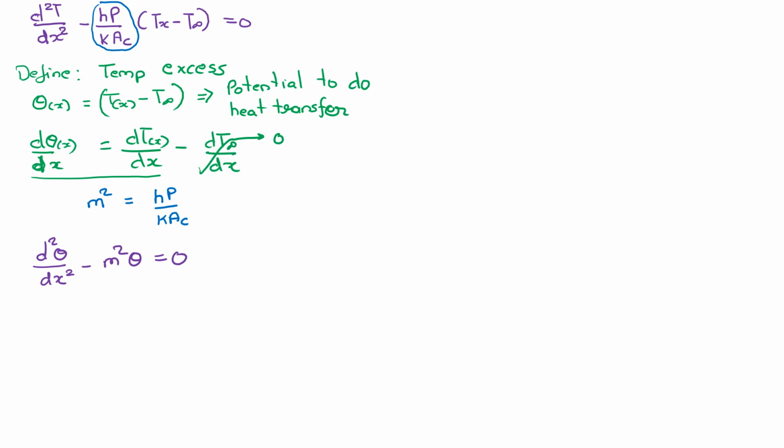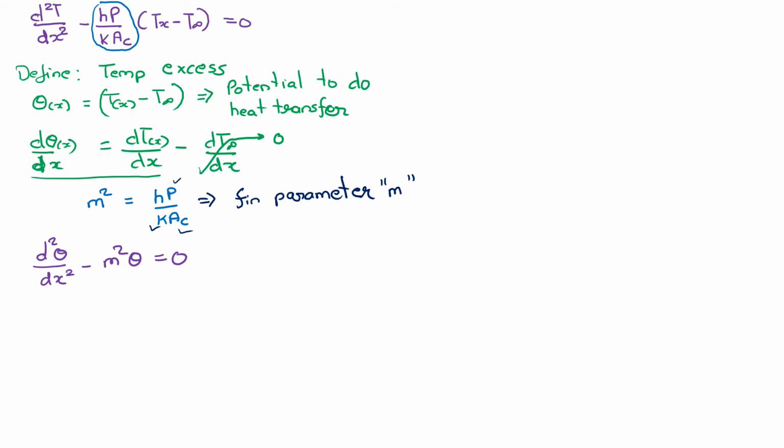The m here is called the fin parameter, and that's because it defines the fin properties. So it has the perimeter of the fin, cross-sectional area of the fin, and the thermal conductivity of the fin. So that's why it's called the fin parameter. So m here is called the fin parameter, and your m square is defined as h into p divided by k times the cross-sectional area.